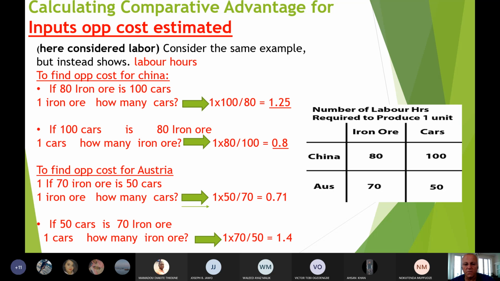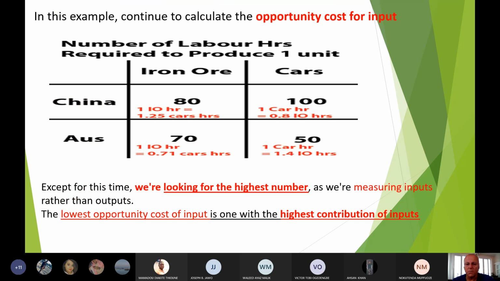Then you divide 50 by 70, which gives 0.71. Then if 50 cars is 70 iron ore, 1 car is how many iron ore? Then 1 times 70 divided by 50 makes 1.40. It is almost similar, but the approach is different. Let's see here.